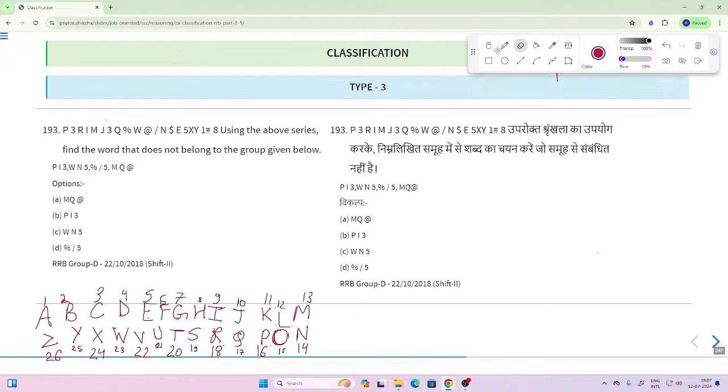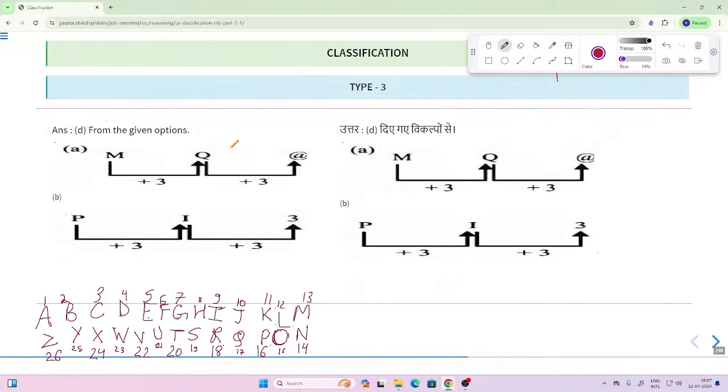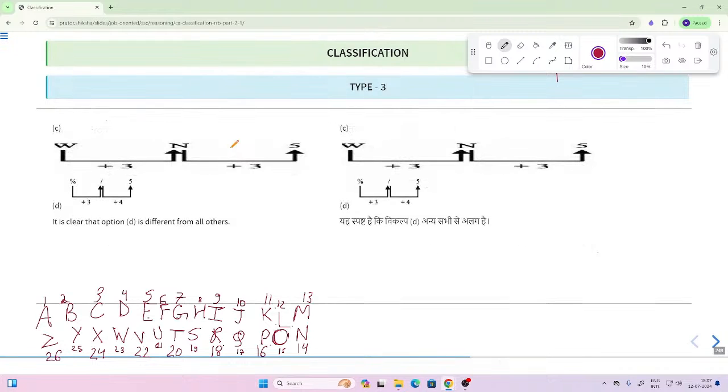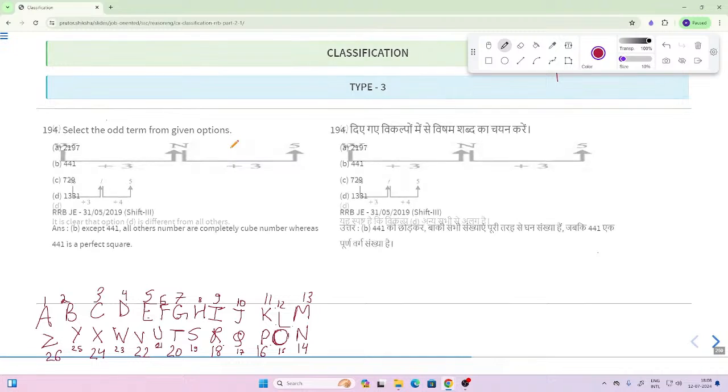It's the only one that does not follow the pattern of the numbers: plus 3, plus 3, plus 3, plus 4. D is different.